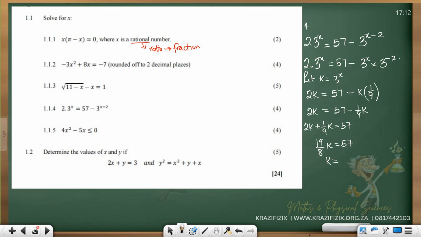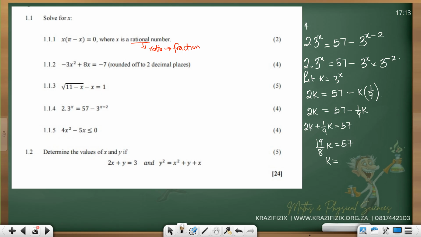All right, do you want to give me a value for k quickly? We could do it in very short steps, but let's do it simply. Use all the possible steps. Want to do that for me? Divide both sides. 24. That should be 24, because 57 over 19 should give me 3. Yes, times 8, 24.